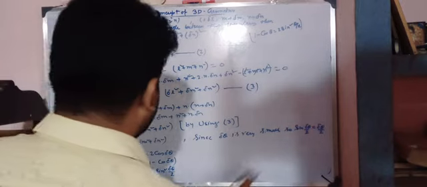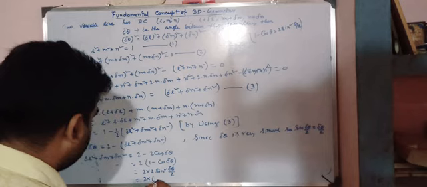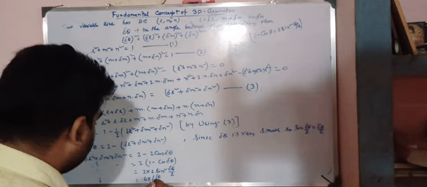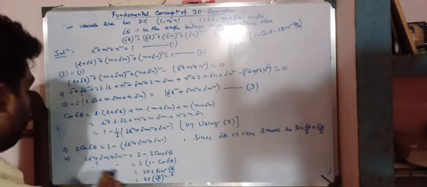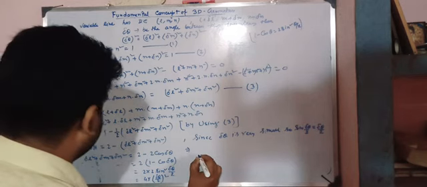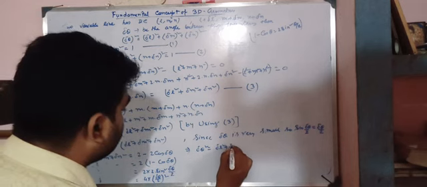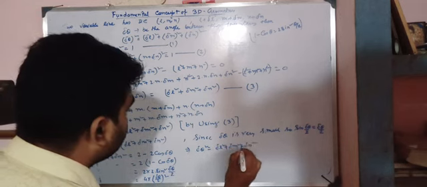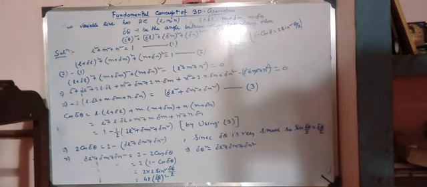So we put the value over here, that is 4 into delta theta by 2 square. If we calculate that, we get delta theta square is equal to delta l square plus delta m square plus delta n square. Understand that? So this is my required calculation.